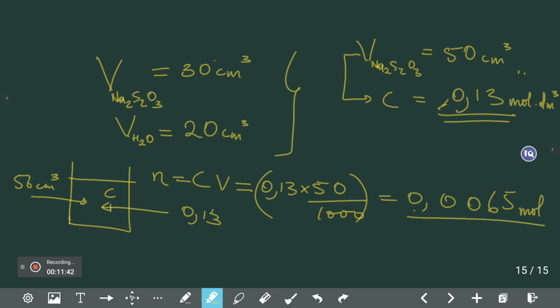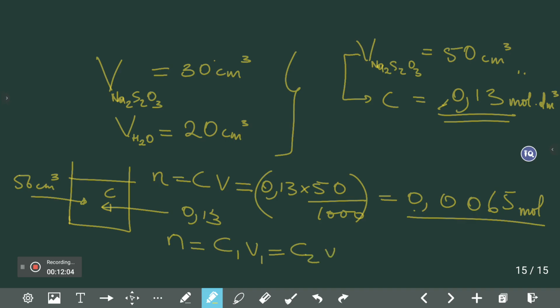N1, the number of moles, is always going to be constant. C1V1 is equal to C2V2, which is equal to C3V3. No matter how many times you dilute, the number of moles will not change. Is that clear?